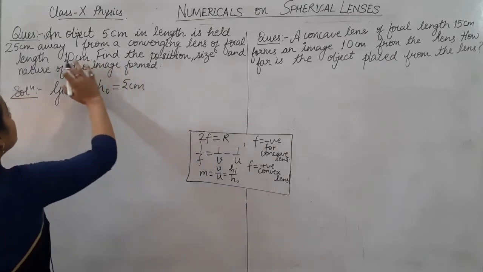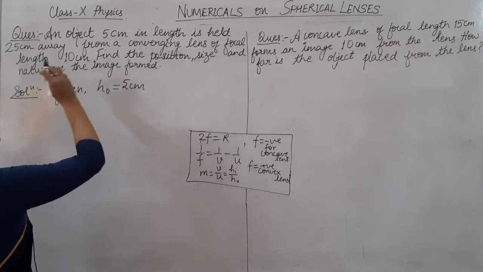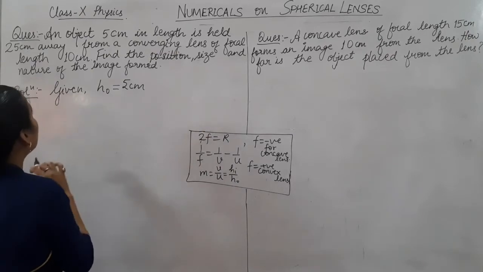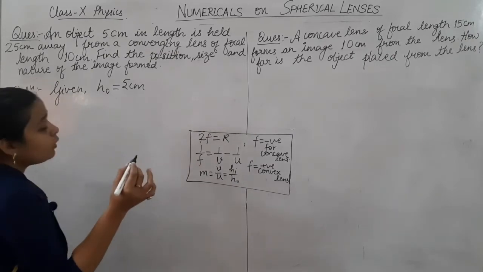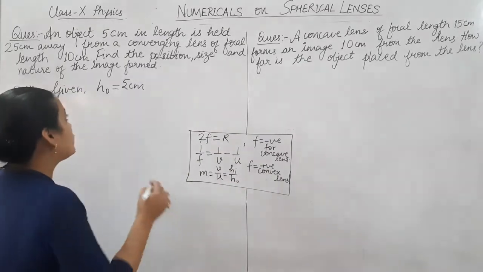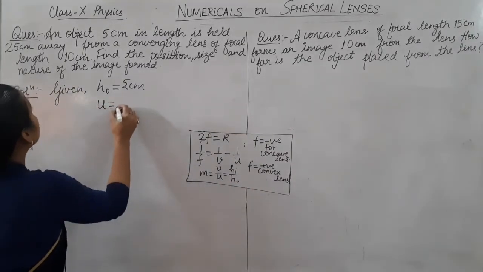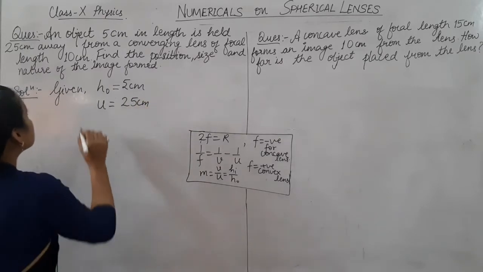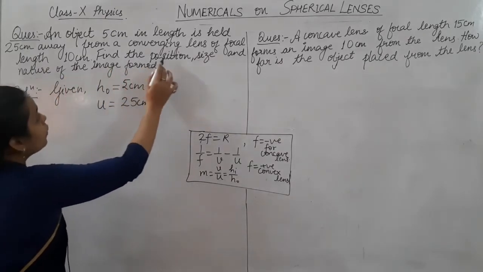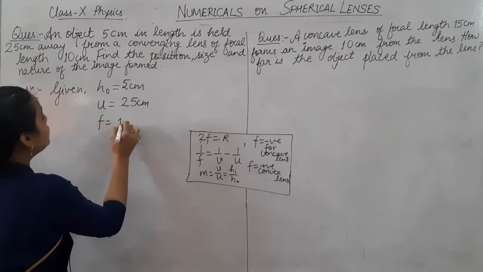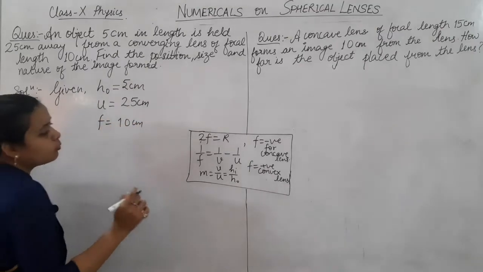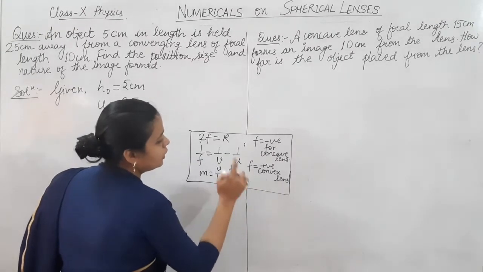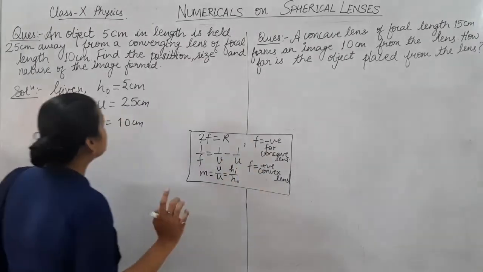Next, it is held 25 cm away from a converging lens of focal length 10 cm. Means object distance is also given, that is u is equal to 25 cm, and focal length f is equal to 10 cm. One thing more I have written here: focal length of a convex lens is positive while focal length of a concave lens is negative.